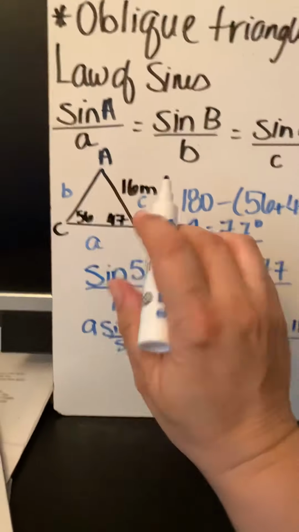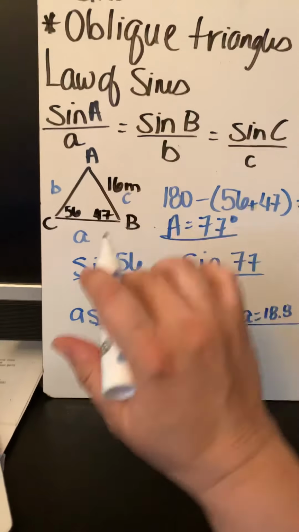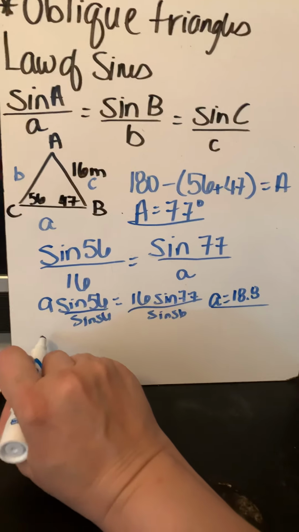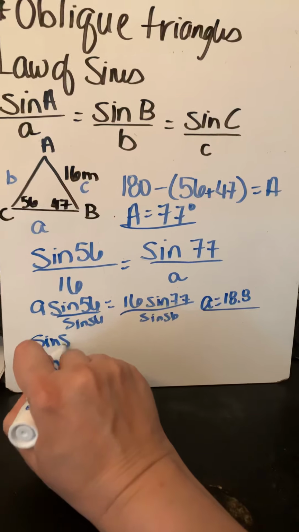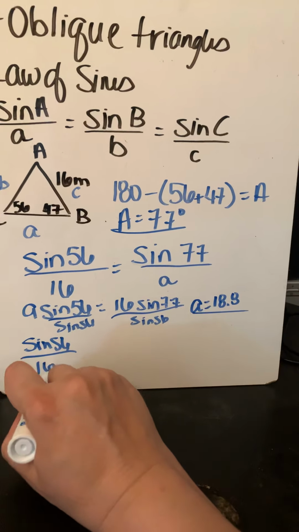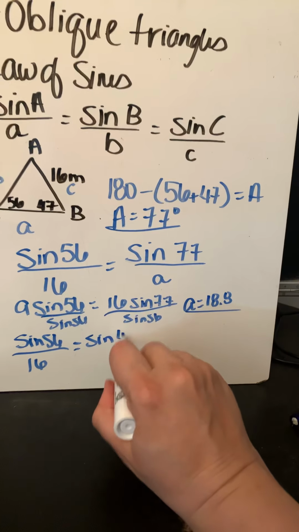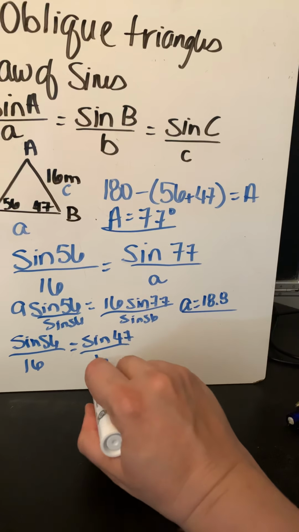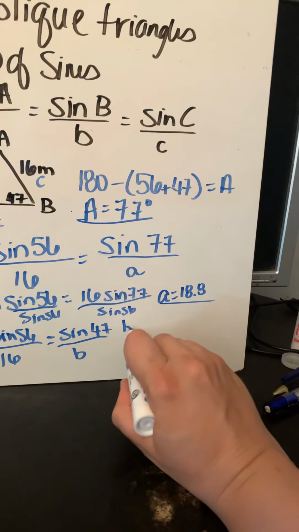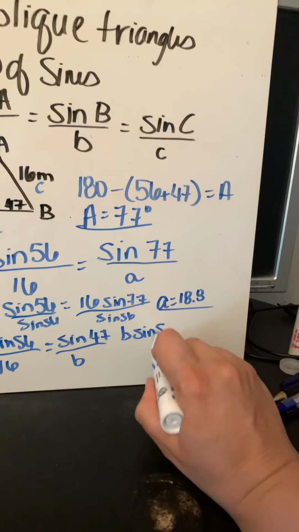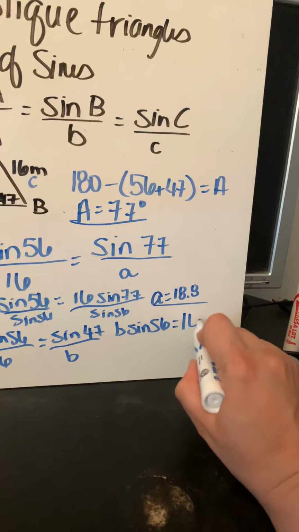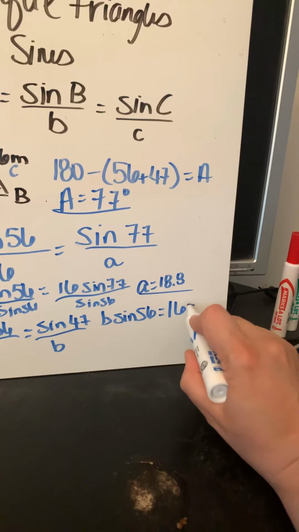So I'm going to go ahead and use C again because all of these proportions are set equal to each other. So I would say, again, sine 56 over 16 equals sine big B, which is 47, over little b. Cross multiply to solve. So I'd have b sine 56 equals 16 sine 47.